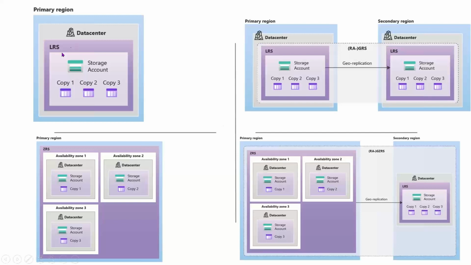Locally redundant storage means you are locally storing three copies of your data in three different physical storages in the same physical data center. Zone redundant storage means you are storing three different copies of your data in three different physical storages, and these storages are in three different physical data centers.